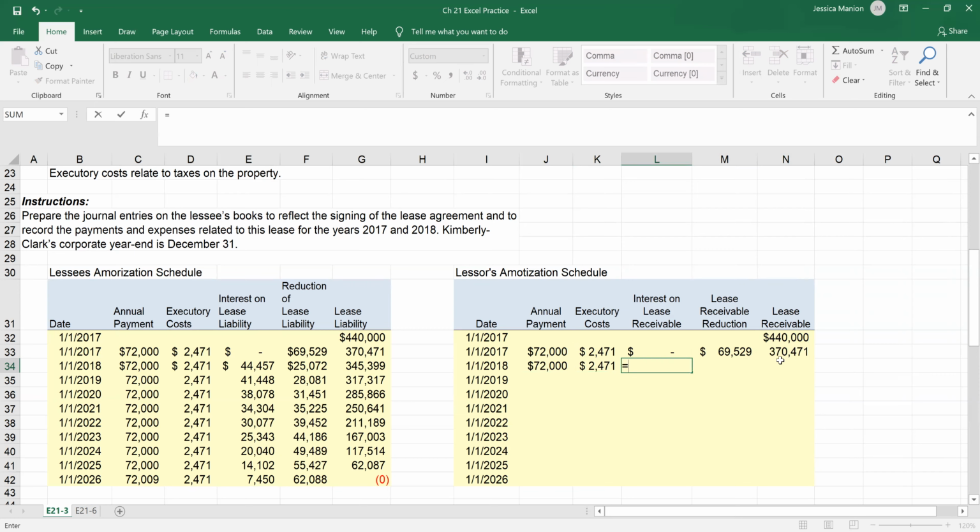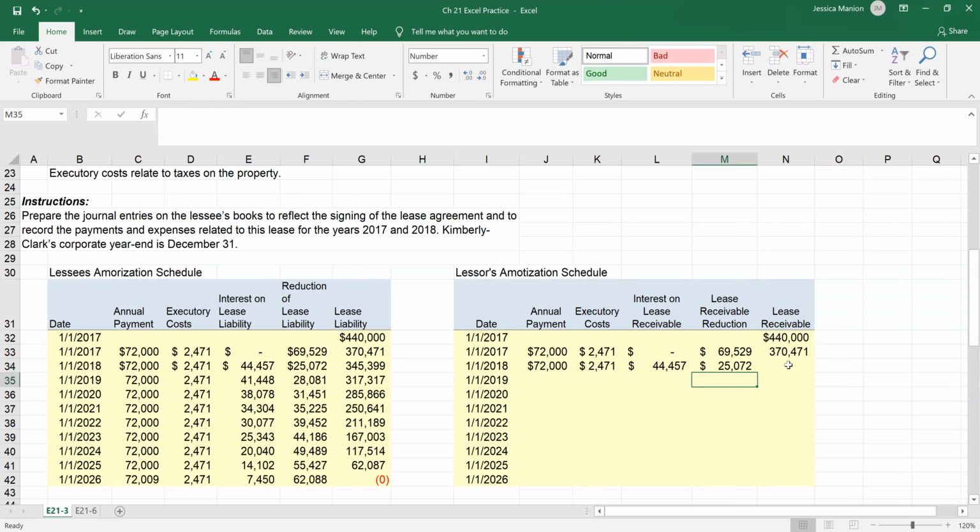All right, second annual payment, 72, 2,471. Now we've got interest though, times 0.12. And then reduction equals the payment minus executory cost minus interest. All right. Equals 370 minus the reduction. Okay. So now I am going to just pull this.